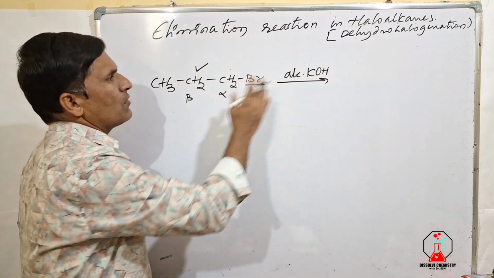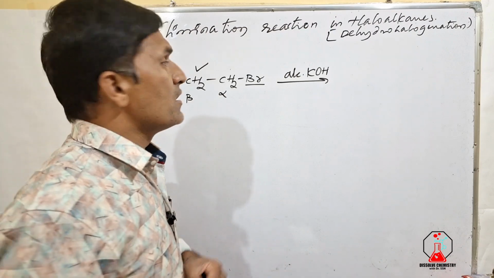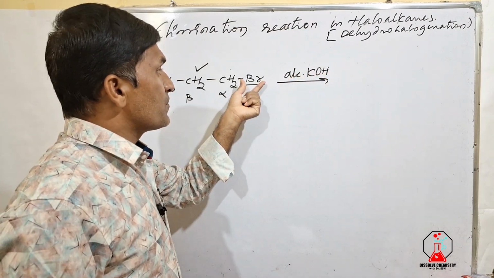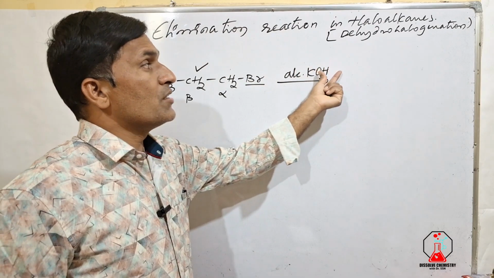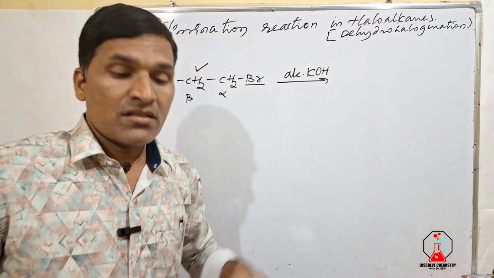Now in alcoholic KOH, what happens? If the base is very strong, instead of substituting the bromide as a nucleophile, it abstracts the proton because it acts as a strong Lewis base.